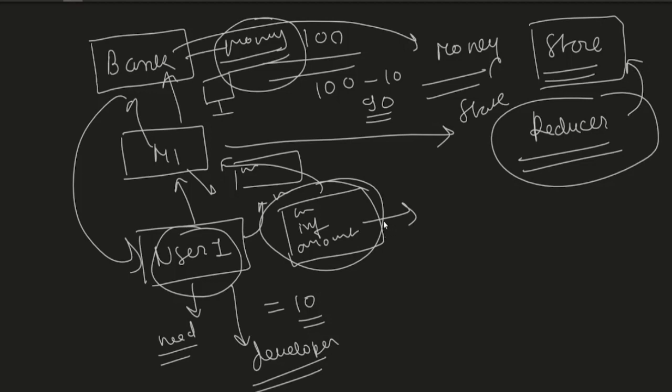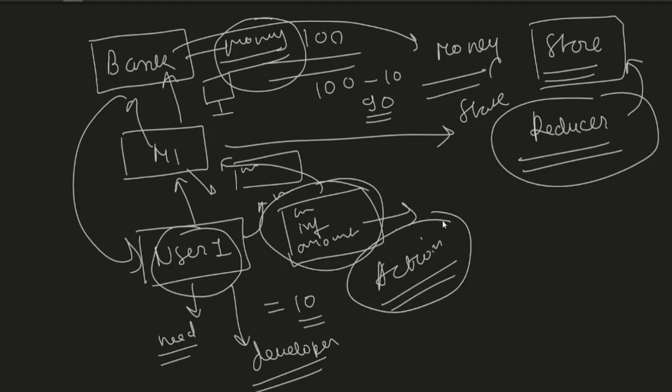Now let's see this. This is the action. This manager was only able to withdraw the money on behalf of the user because the user asked him to withdraw the money. If the user had asked him to deposit the money, then the manager would have deposited the money.